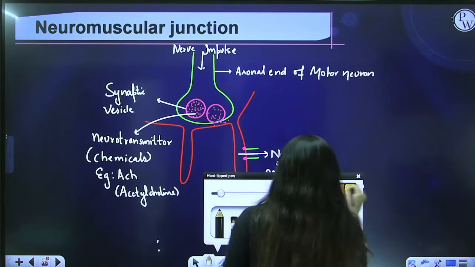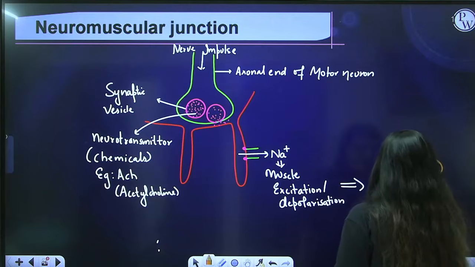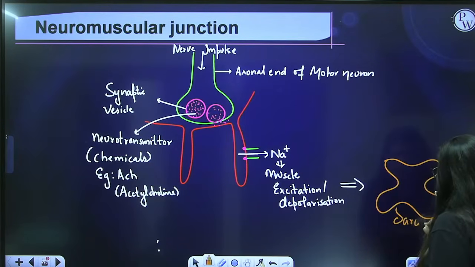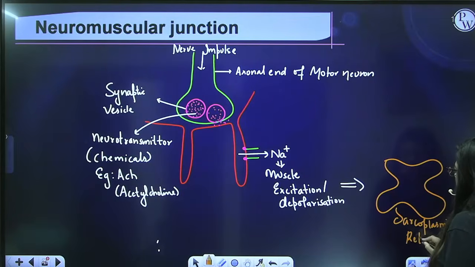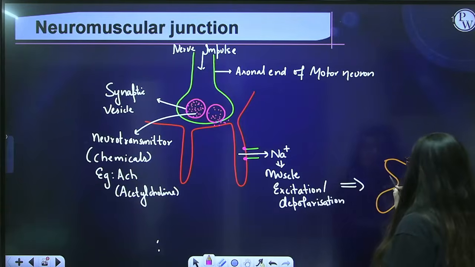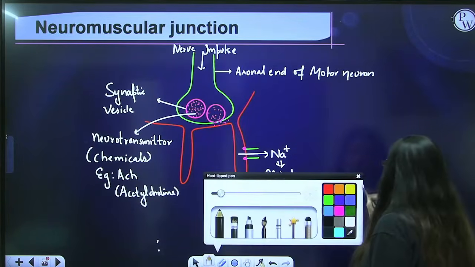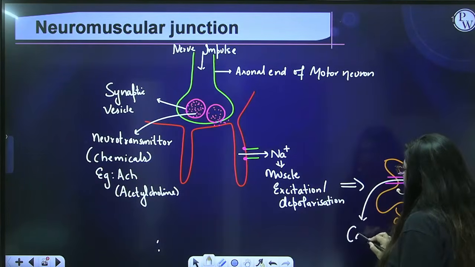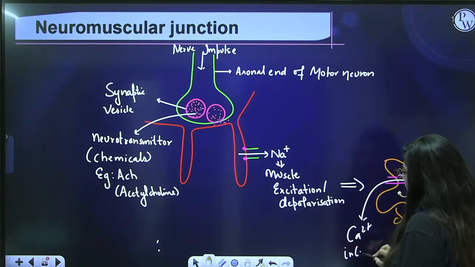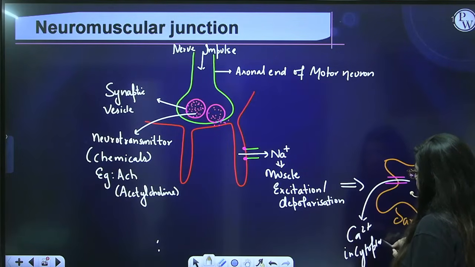In the cytoplasm are present the sarcoplasmic reticulum. So this wave of excitation or depolarization will hit the sarcoplasmic reticulum. This will lead to the exit of calcium ions, and these calcium ions will come into the cytoplasm.